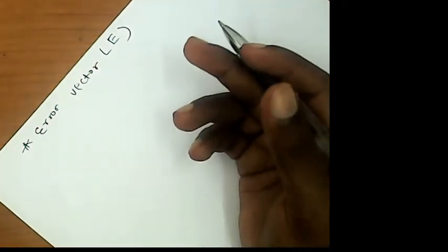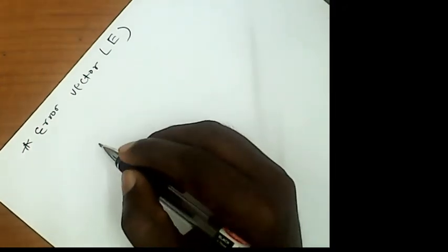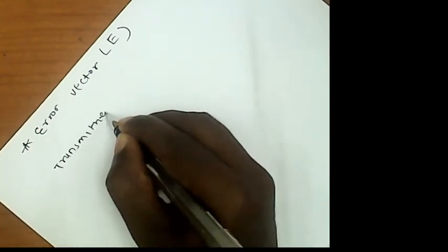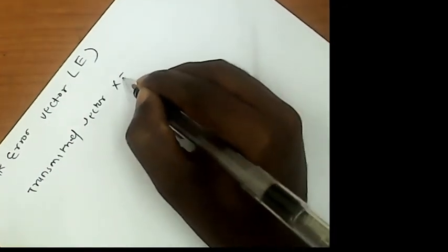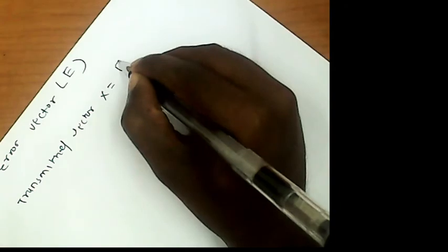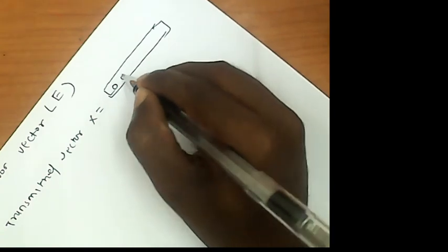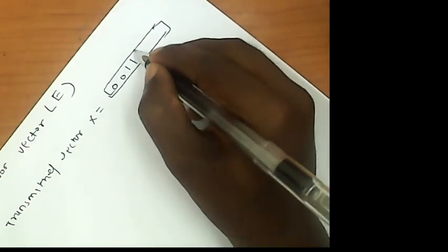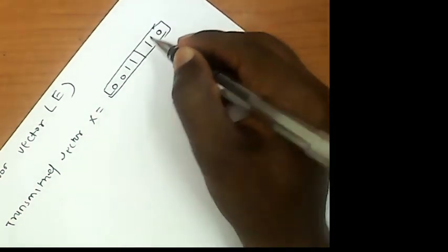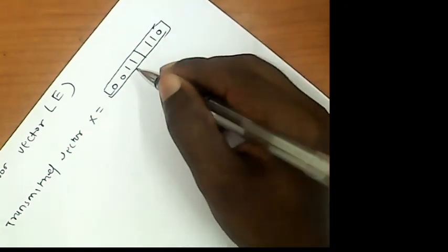So how can we correct the error? Suppose the transmitted vector is x equal to 0 0 1 1 1 1 0. These are the message bits and these are the parity bits.